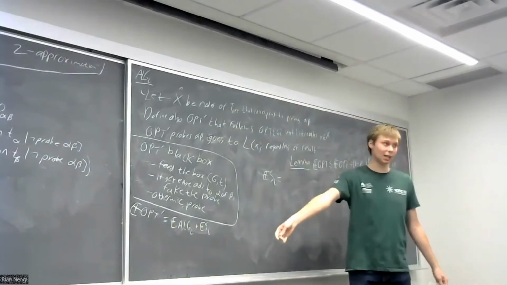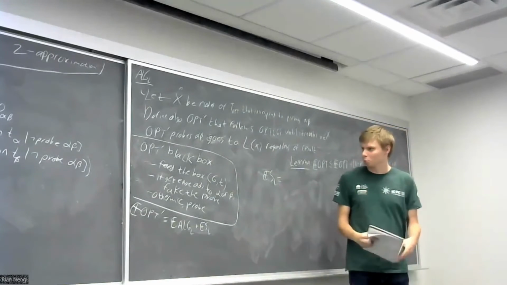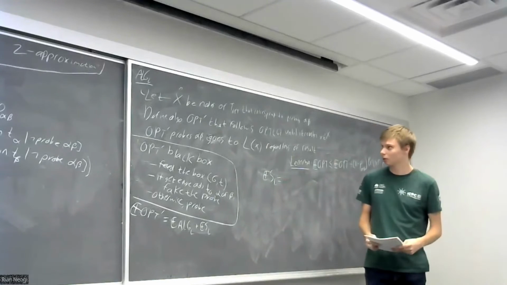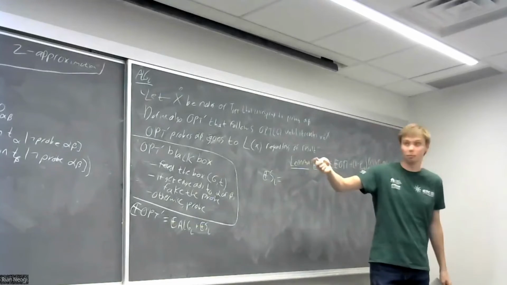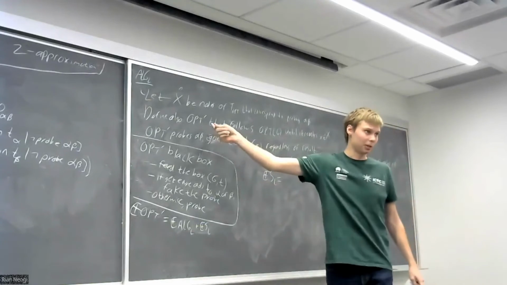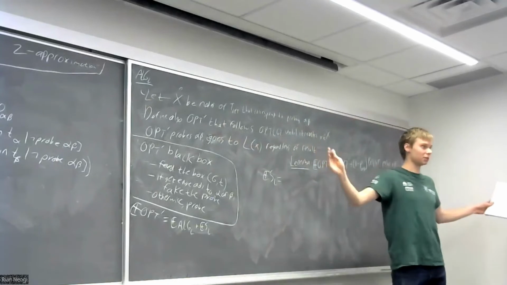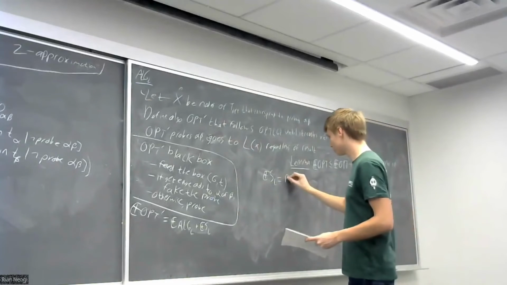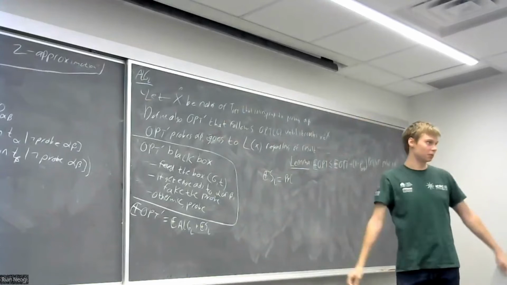It will never probe anything next to alpha or beta again because it thinks it's added to the matching. But what if it fails? We have this probability 1 minus p alpha beta that we reported it failed. But it still won't probe anything next to alpha or beta again because we defined opt prime in that way. When opt prime probes alpha beta, it just pretends it succeeded, even if we tell it it fails. So that's really nice. If we're told to probe alpha beta, that's the last probe we need to figure out.